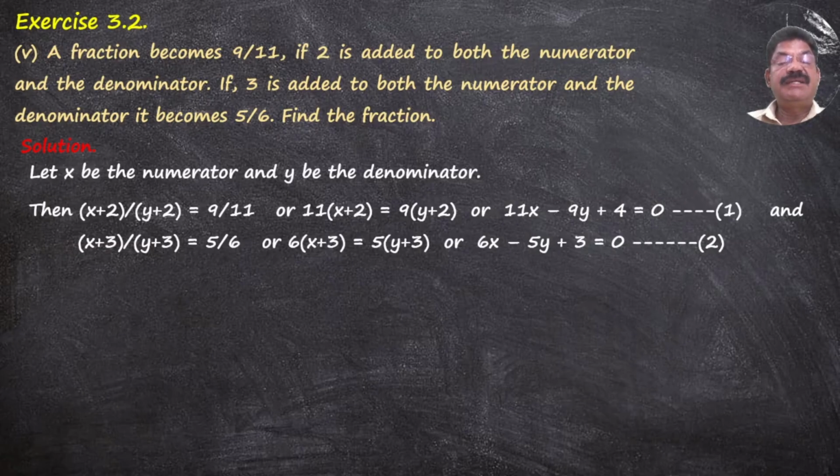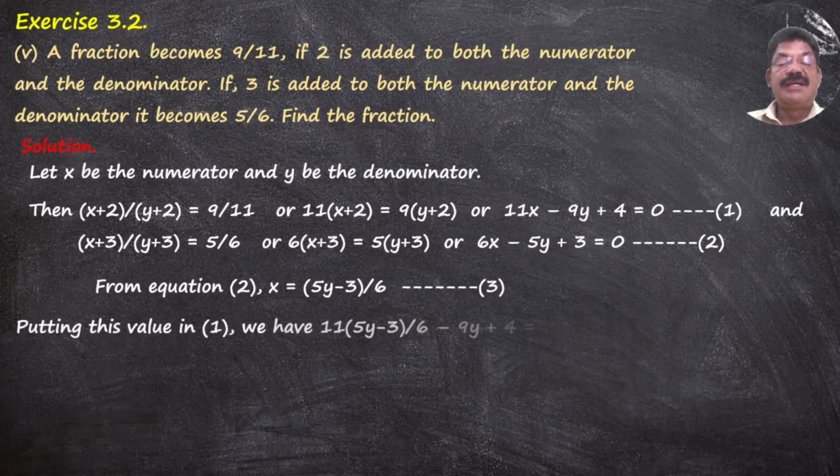Also, x plus 3 divided by y plus 3 is equal to 5 by 6. When you reduce it, you get 6x minus 5y plus 3 equal to 0. You call this equation number 2. From equation 2, x is equal to 5y minus 3 divided by 6. Now, substituting this value of x in 1, we get 55y minus 33 minus 54y plus 24 is equal to 0.